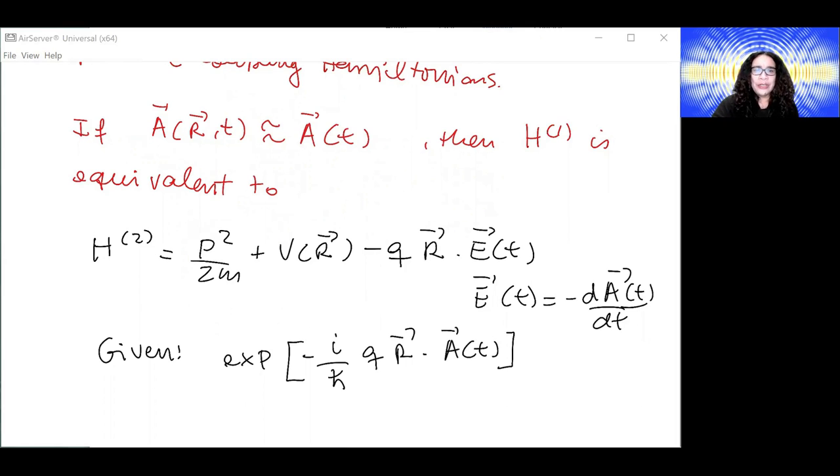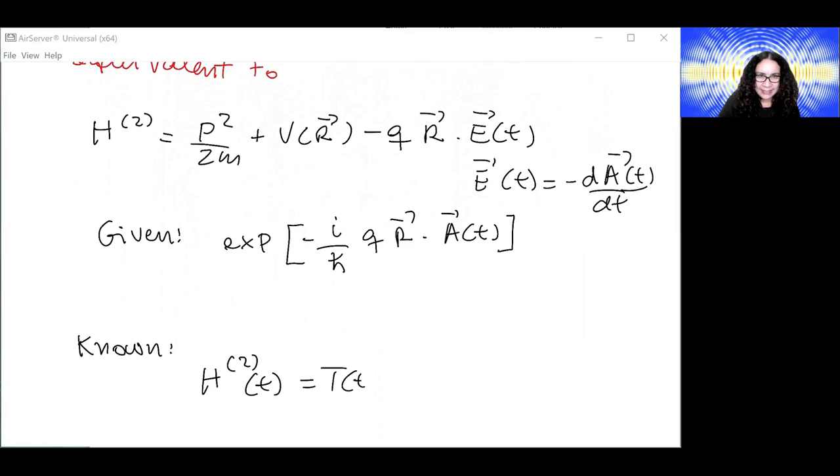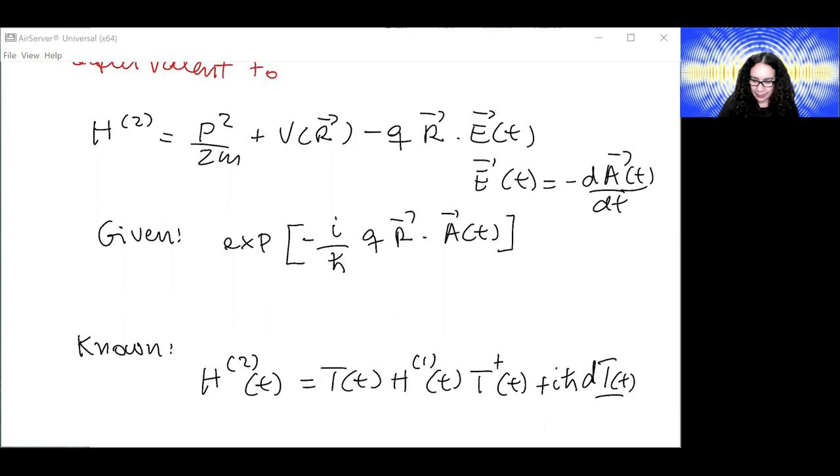And we know that H2, something we have derived, is T H1 T dagger plus i h bar (dT/dt) T dagger. We know that, so we need to apply all of this to H1.